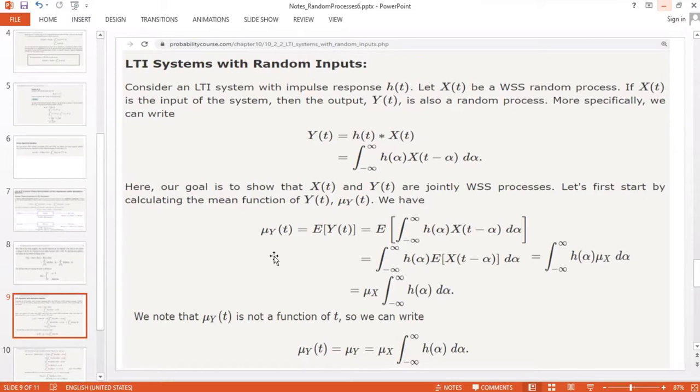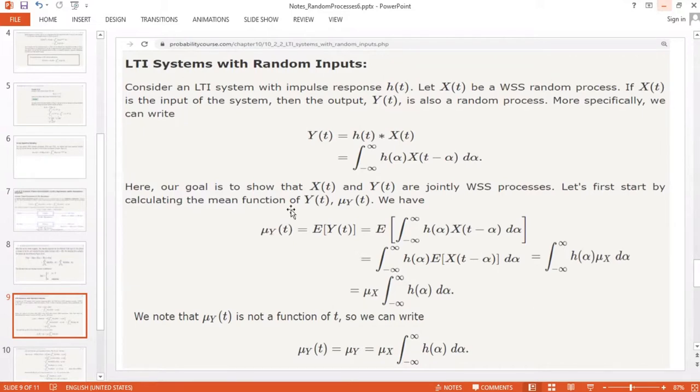So first we show that y(t) is wide sense stationary. To show this, we have to find its mean function and autocorrelation function. The mean function should be independent of time and the autocorrelation function should be a function of the time difference.